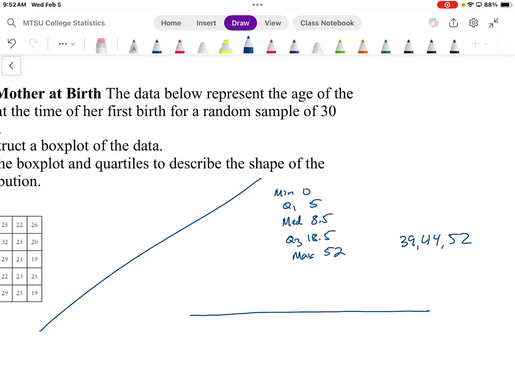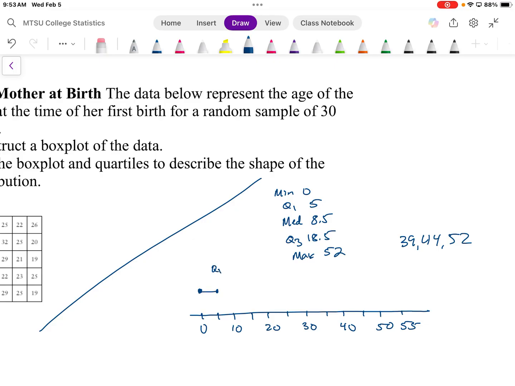So as I go to draw my box plot for that last lesson, got to find some nice little scale. So 0, 5, 10, 15, 20, 25, 30, 35, 40, 45, 50, 55. All right. So my minimum was 0. Q1 was 5.